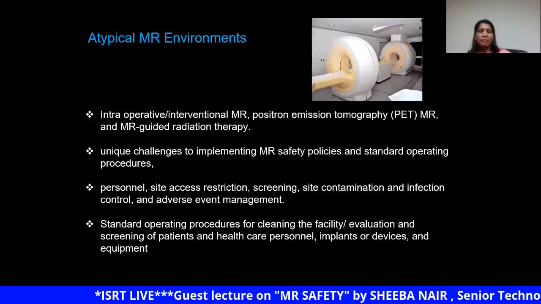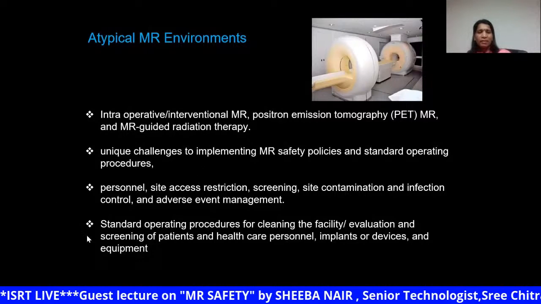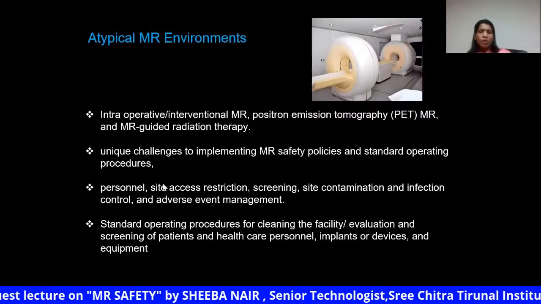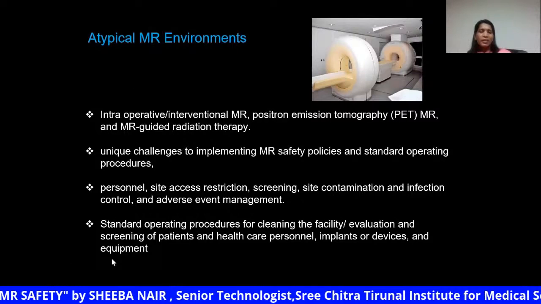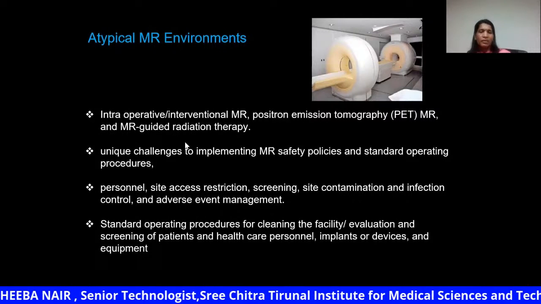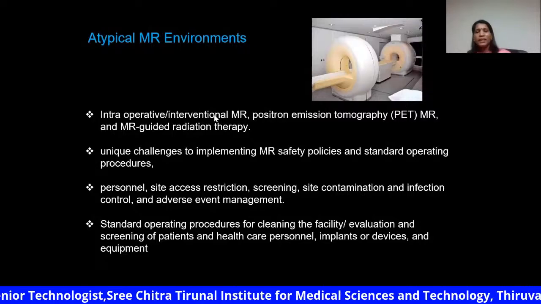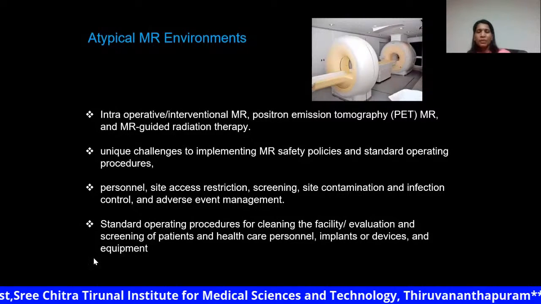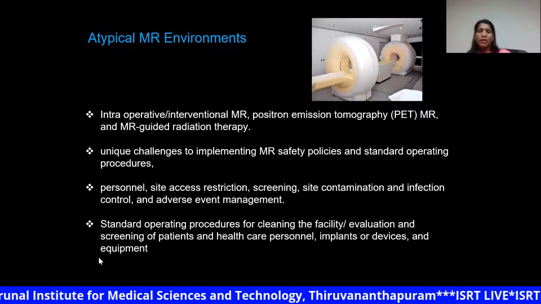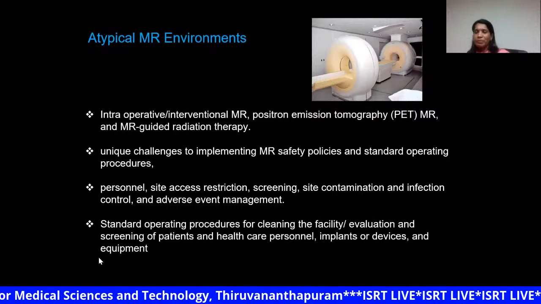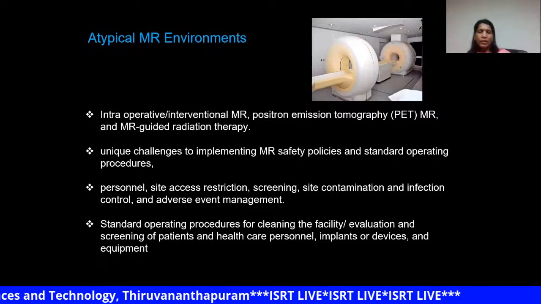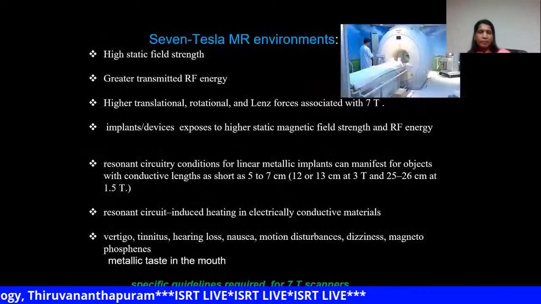Separate policies should be developed, and the MR safety officer should monitor and make sure that safety is followed at all times.